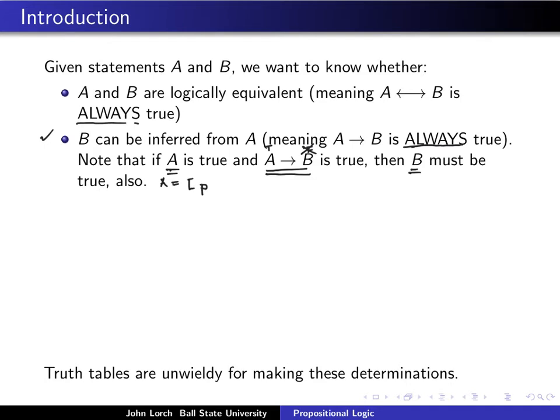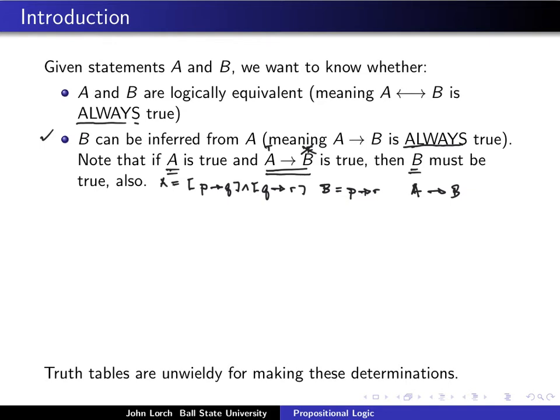So it's going to be if P then Q, and if Q then R. And we're going to let B be the statement if P then R. And what we want to do is examine the statement if A, then B. Okay, so here both A and B are made up of smaller statements, right? These P's, Q's, and R's.